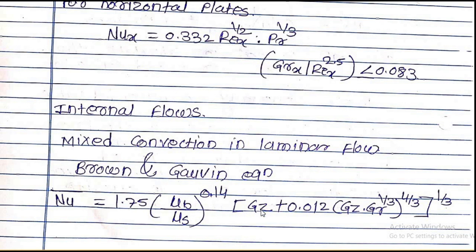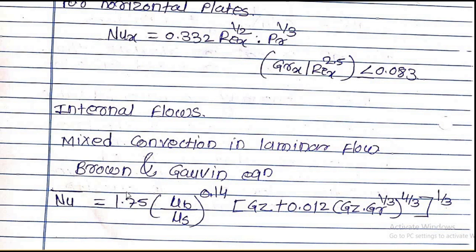This Graetz number is applicable only for circular geometries, only for cylinders. So regarding the significance of the Graetz number, it is always used for cylinders only, where Gr is nothing but the Grashof number.